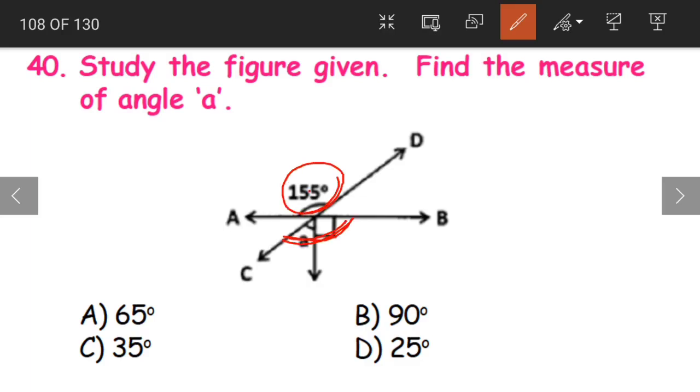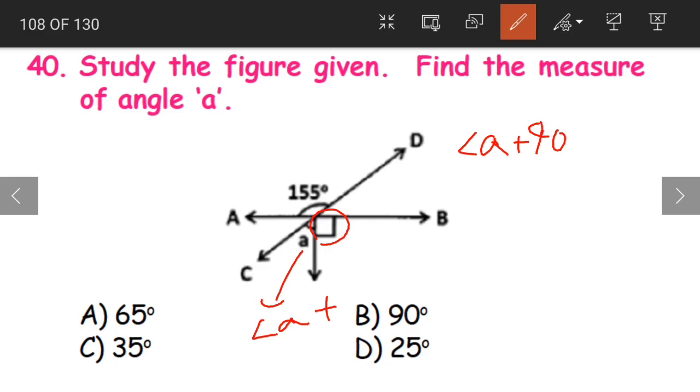Now this total angle is a combination of angle A plus right angle. Right angle is nothing but 90 degrees. How much is this total equal to, children? 155 degrees. They both are of the same measure.